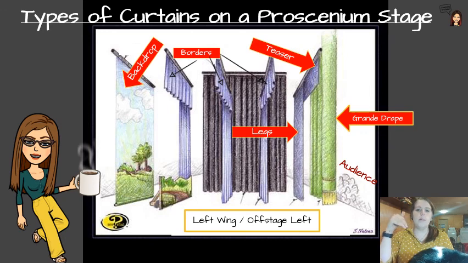So we're going to talk about the different types of curtains real quick on a proscenium stage. You don't have to write anything, but we're going to start with the furthest back, or furthest upstage, which is back here with the backdrop, okay? Everything in our auditorium is what we call dead hung. That means it can't fly in.